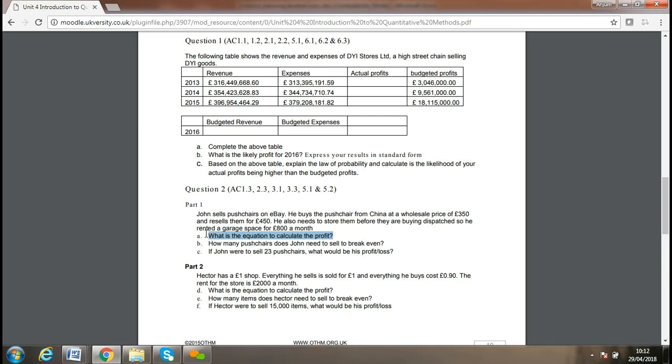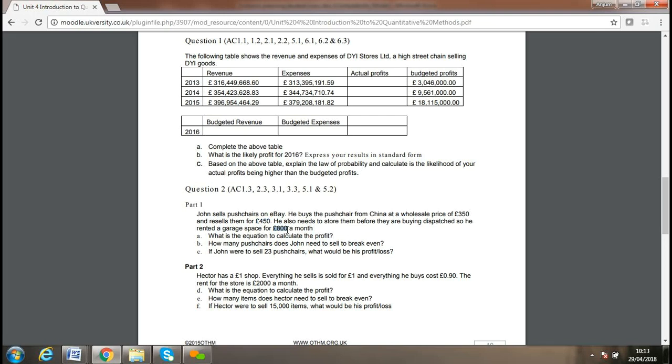That is selling price minus variable cost. Selling price is 450 and the variable cost is 350. So our contribution will be 100 per unit, and 800 divided by 100 will be 8 units.